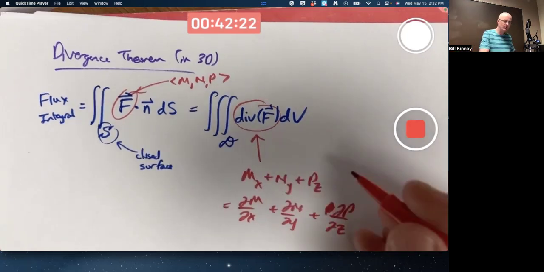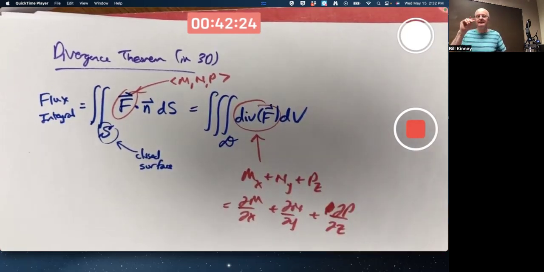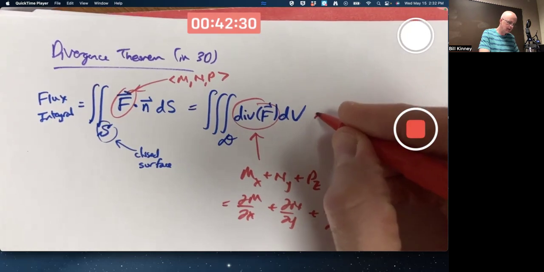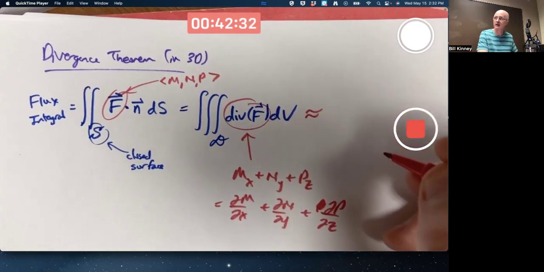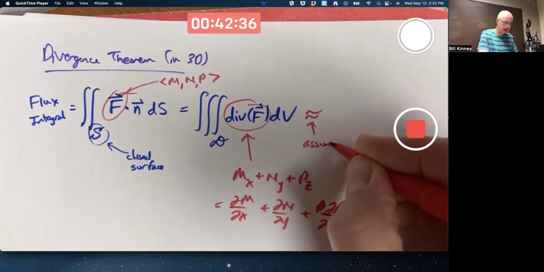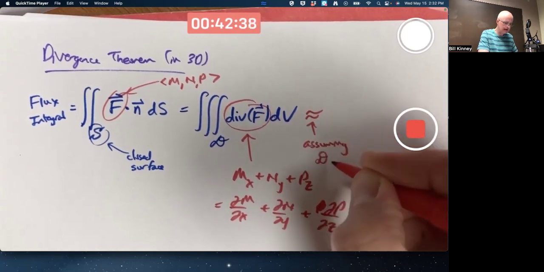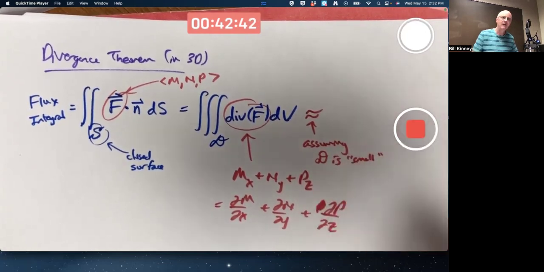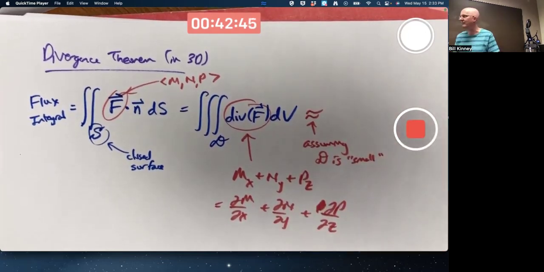If you assume this solid D is a tiny little region, you could approximate this triple integral as a product. Assuming D is small. How small is small? We don't ever be real specific here.